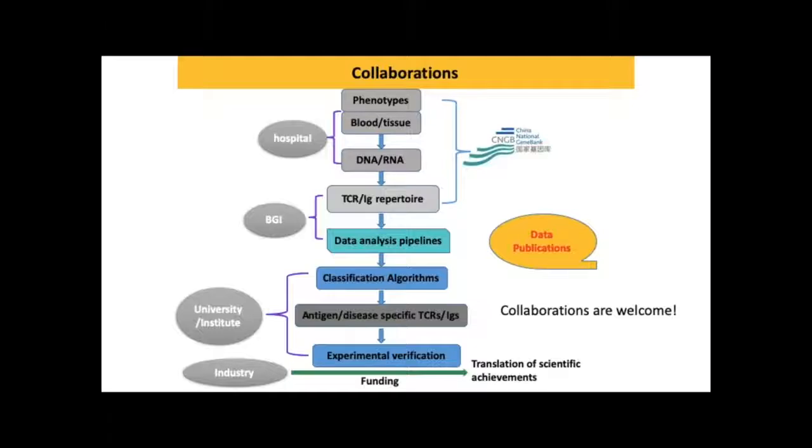BGI will serve as the platform to provide the basic pipelines we have streamlined for amplification or enrichment of the repertoire, and also for data generation. We also offer sophisticated analysis pipelines such as a monitor.